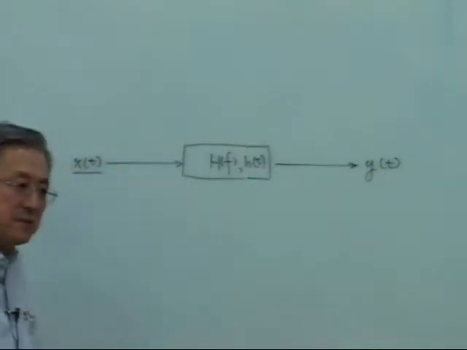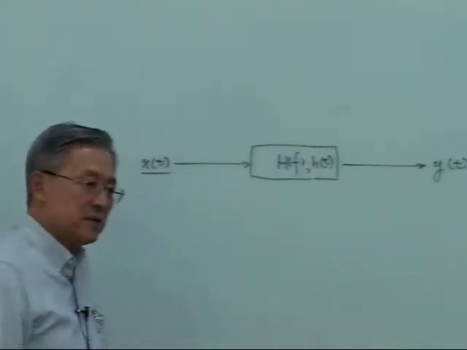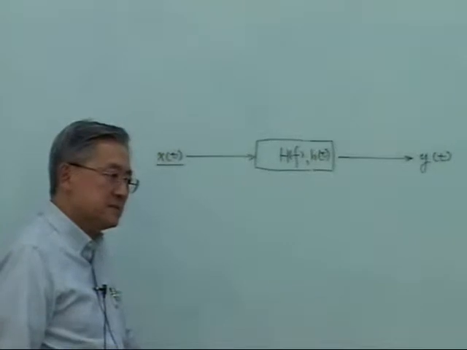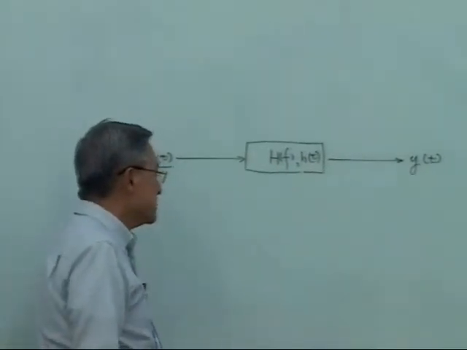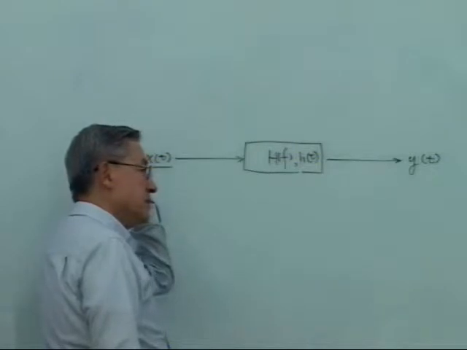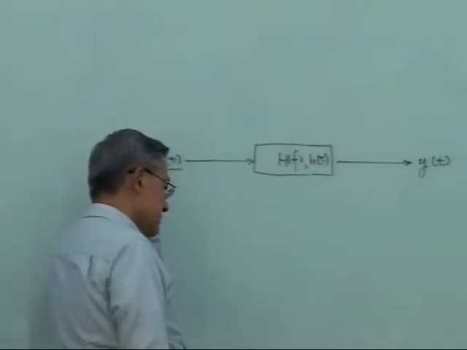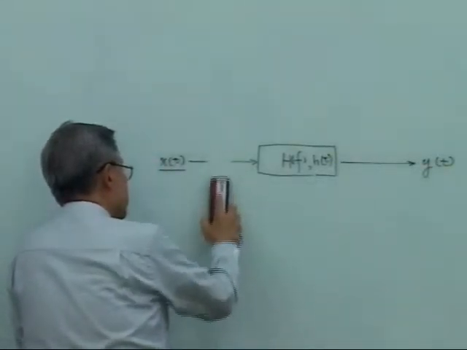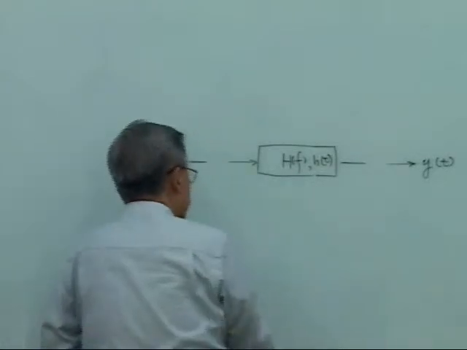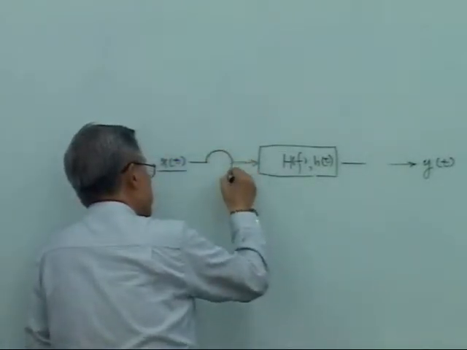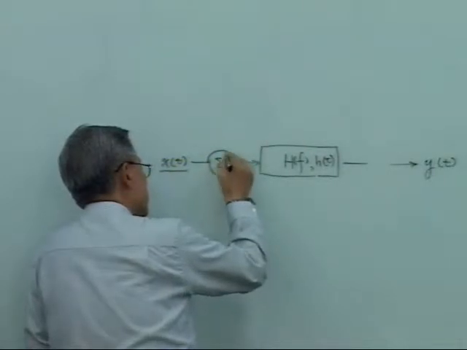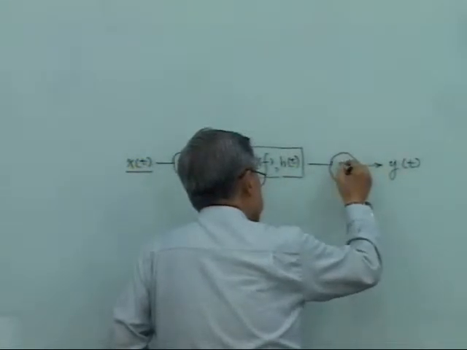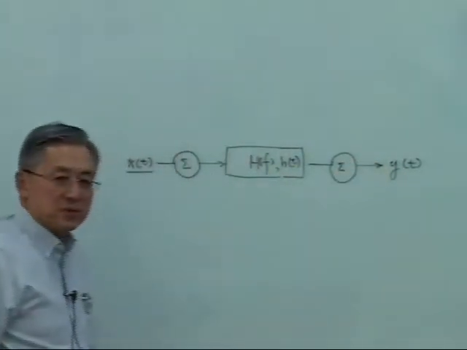Output response. Okay, X and Y, input and output. And then what you did was you have pickup stations. I'm going to put this here, saying pickup station. Usually put a circle with the summation sign. It's a collection point, the pickup point.